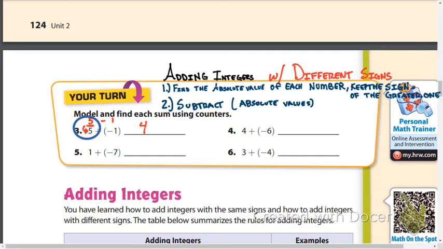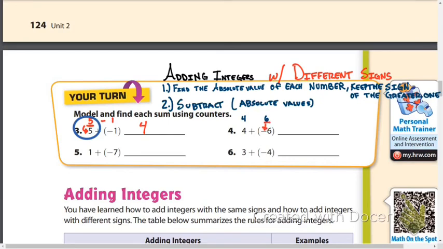Here's another example. Again, the first step is to find the absolute value of each number. The absolute value of 4 is 4. The absolute value of negative 6 is 6. So now I have the absolute values for each number. And again, I want to keep the sign of the larger absolute value. In this case, the larger absolute value is 6, so I'm going to keep the sign of its original number.